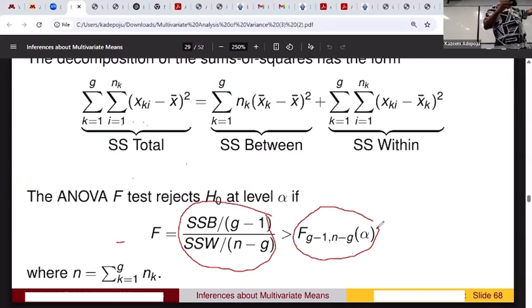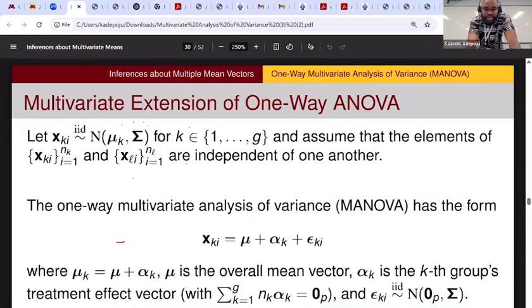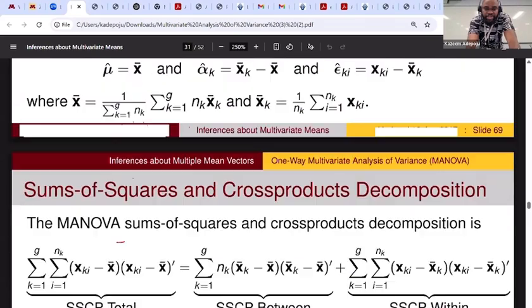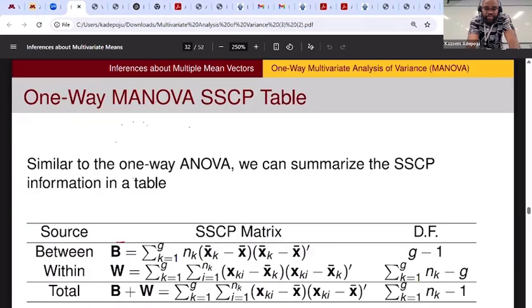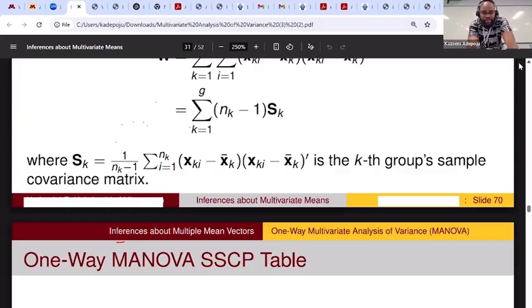If I compare the F statistic with that F critical, and it is greater, then I'm going to reject the null hypothesis. Or I can even have a table. Let me show you the table. I can have another table for that.